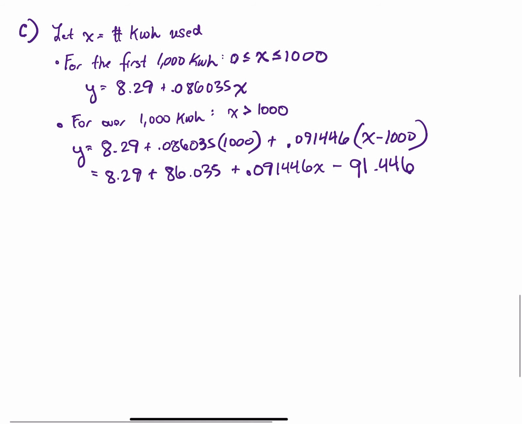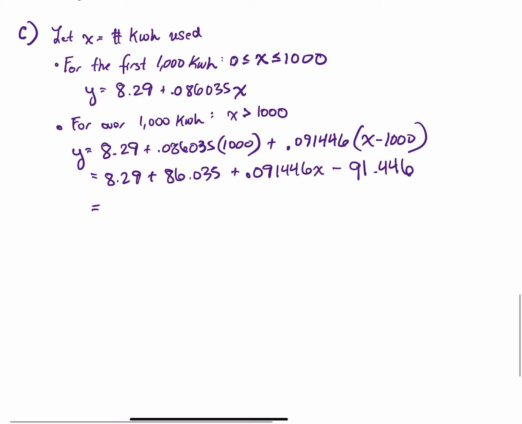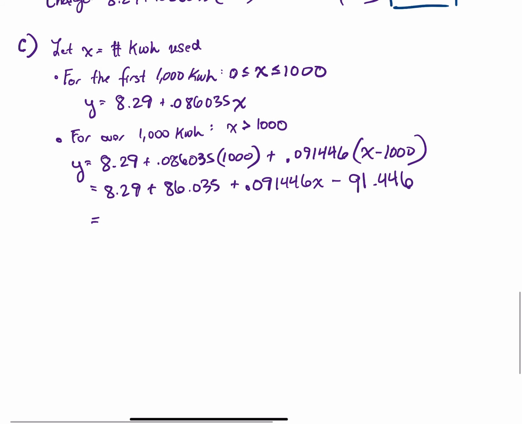And then let's combine some like terms. So we have 8.29 plus 86.035 minus 91.446. We still have this 0.091446x. And then combining all those like terms, we should get plus 2.897. So just simplifying things.